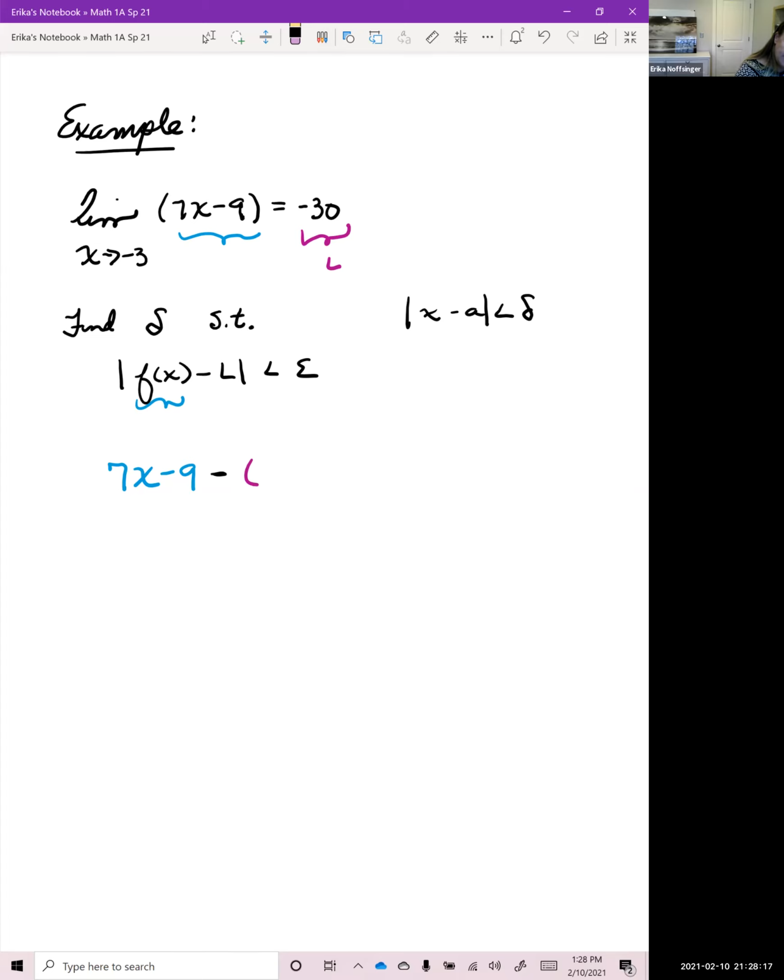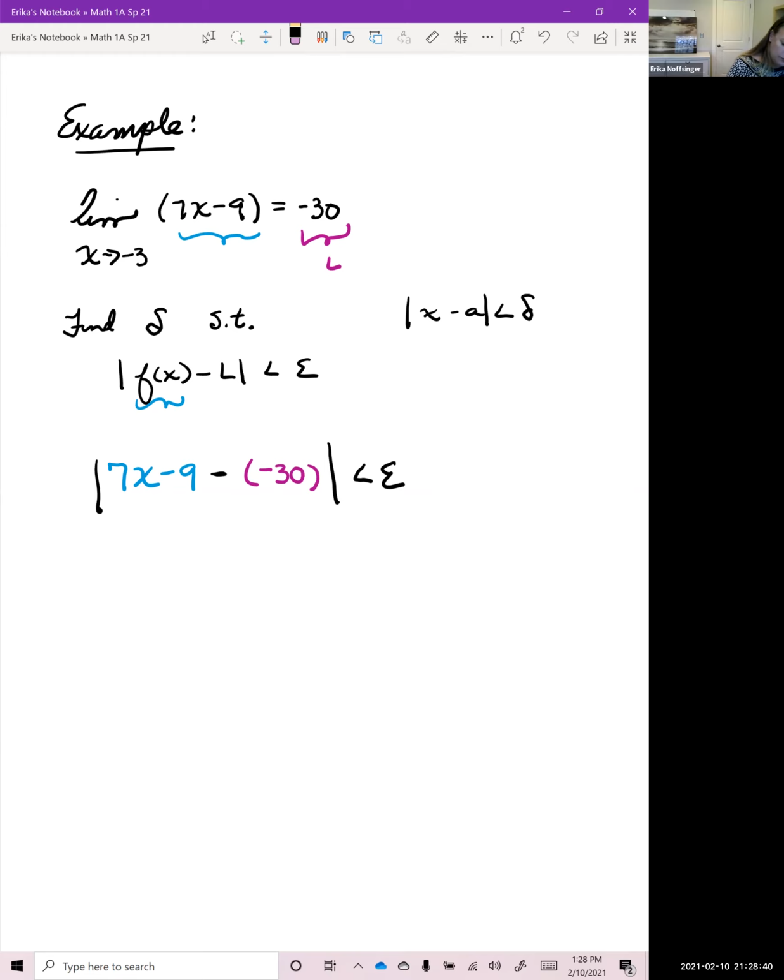So minus a -30. We want the absolute value of that, and we want this less than epsilon. So this is just the scratch work.